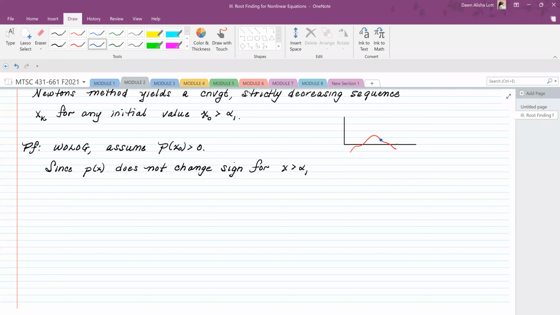I think I'm going the wrong direction. If it's positive, it doesn't change sign until it gets to the first root.